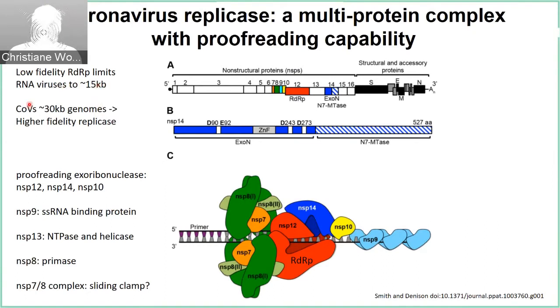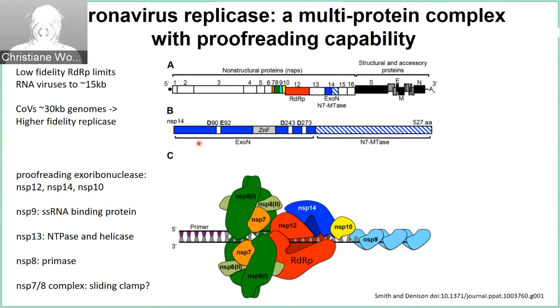However, I told you that coronaviruses have genomes that are around 30 kilobases in size, and so the only reason that these viruses can maintain viral fitness is that they have a replicase of higher fidelity, so one that makes fewer mistakes. And this is mediated by the exonuclease activity of NSP14.